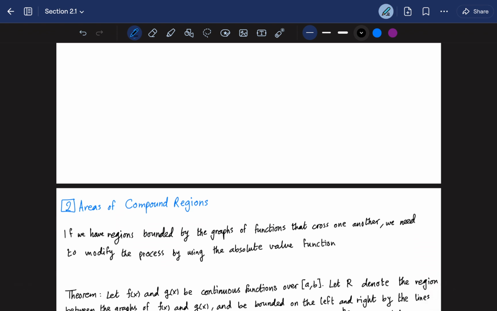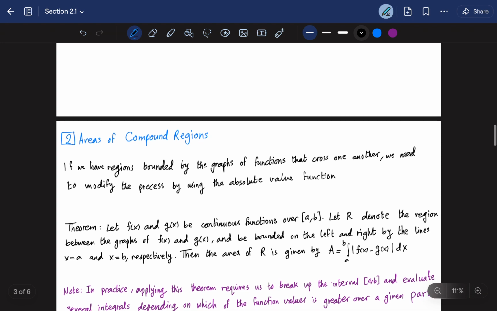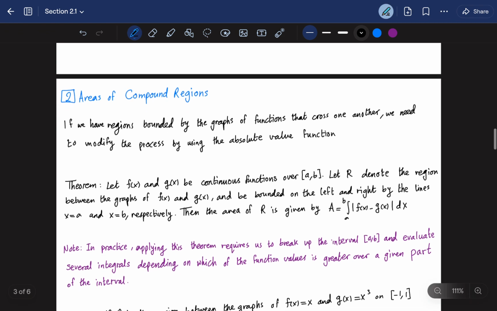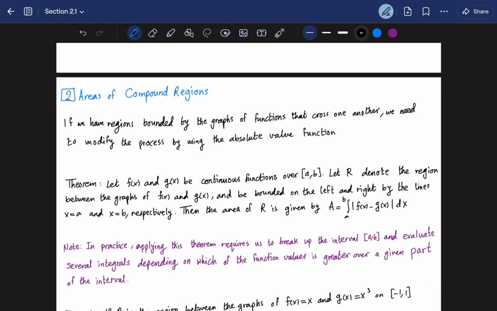So if we have regions bounded by the graphs of functions that cross one another, so if they cross, causing different parts of regions, we need to modify this process by applying an absolute value for f minus g. So it's the same exact thing, but now we have an absolute value.